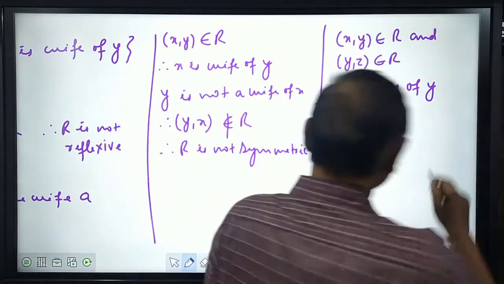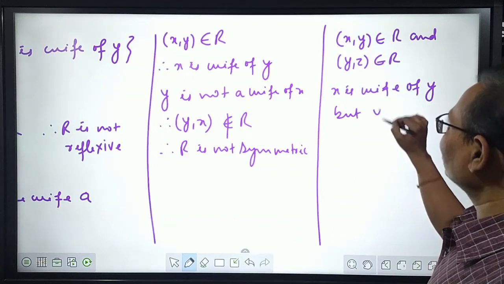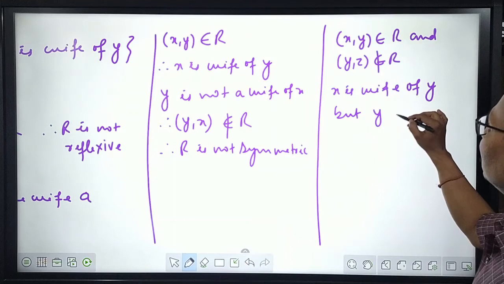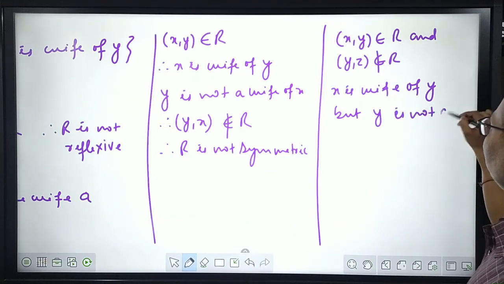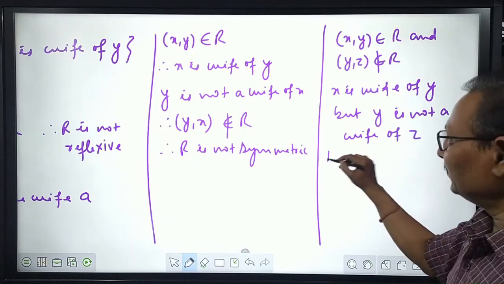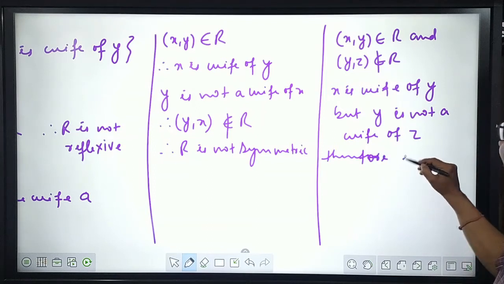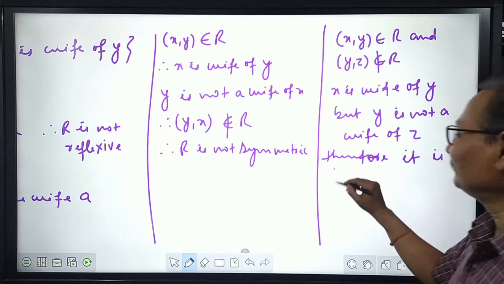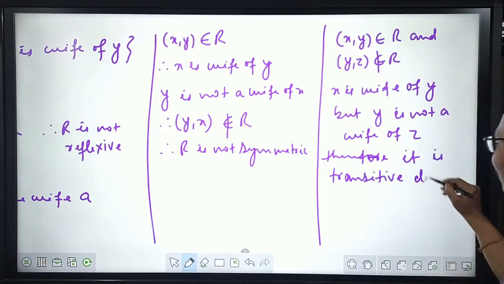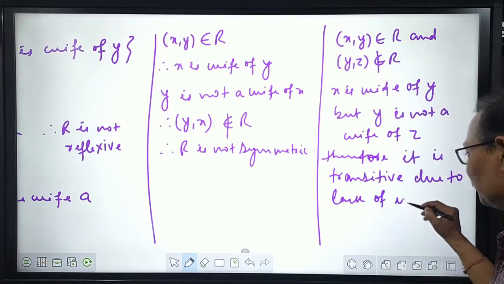X is wife of y, but y comma z does not belong to R, that means y is not a wife of z. Therefore, it is transitive due to lack of information. Lack of information. Mind it.